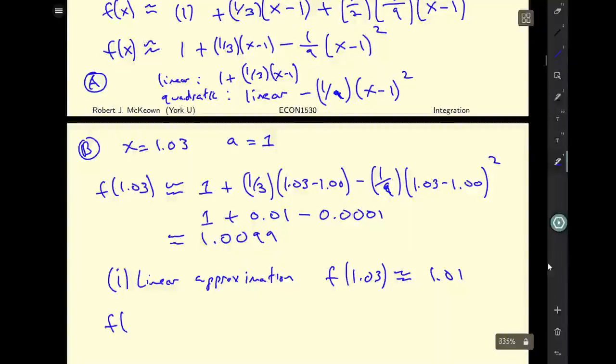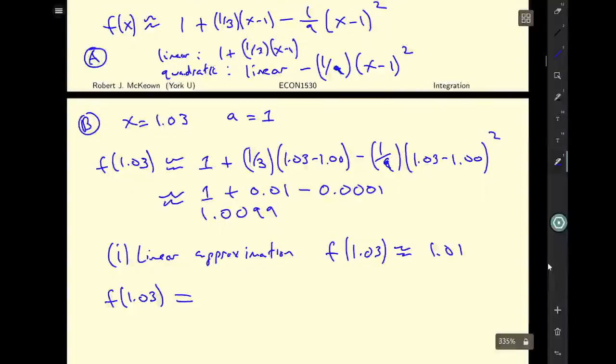These are approximations; the actual value is 1.03 to the power of 1 over 3, and my calculator tells me that this is equal to 1.009902.